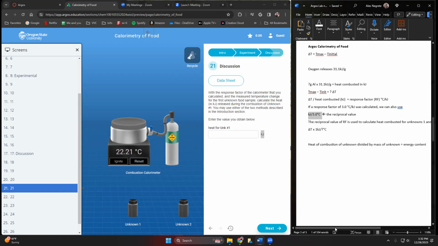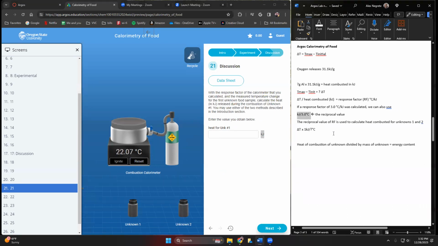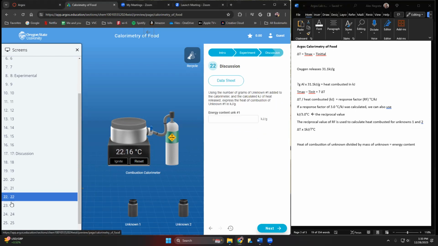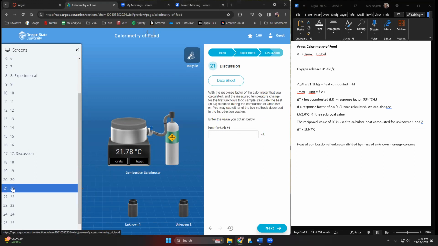Here, this portion is for the unknown. We're going to use the reciprocal value of the response factor, which is going to be in kilojoules over degrees Celsius, and multiply that by the temperature change. So the degrees Celsius cancels out, and our answer is going to simply be in kilojoules. You'll note that for both unknown 1 and unknown 2.